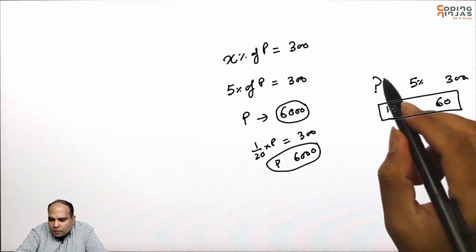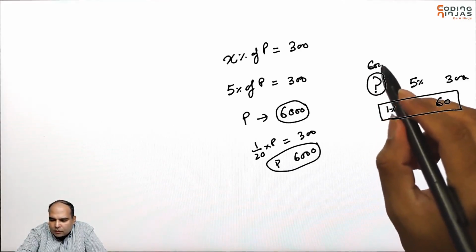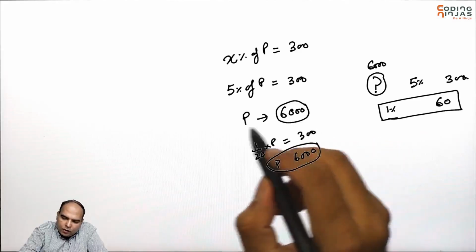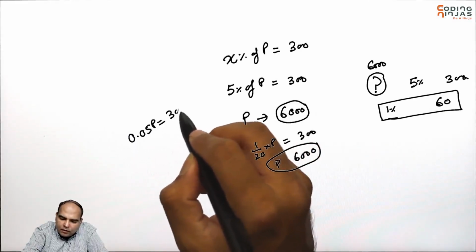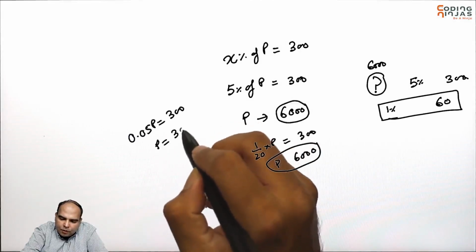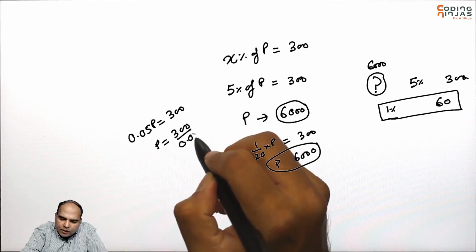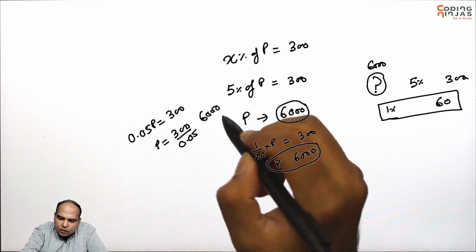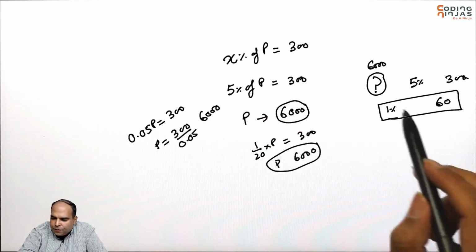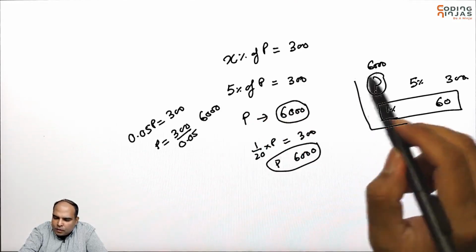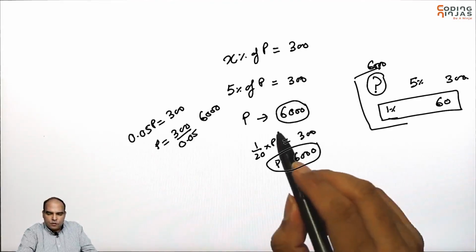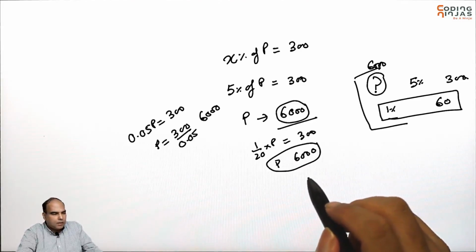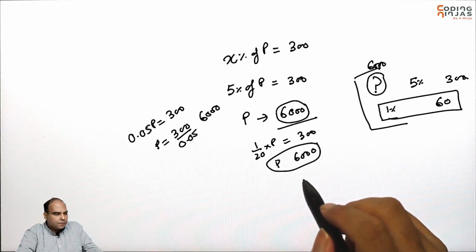So if 1% of this number is 60, this number must be 6,000. Or you can do it through 0.05 P equal to 300, so P is 300 by 0.05, which means it is 6,000. You can do it any way. I would prefer you to do it the oral way, because it's completely oral. But with whichever way you solve this question, you get the principal as 6,000, right?